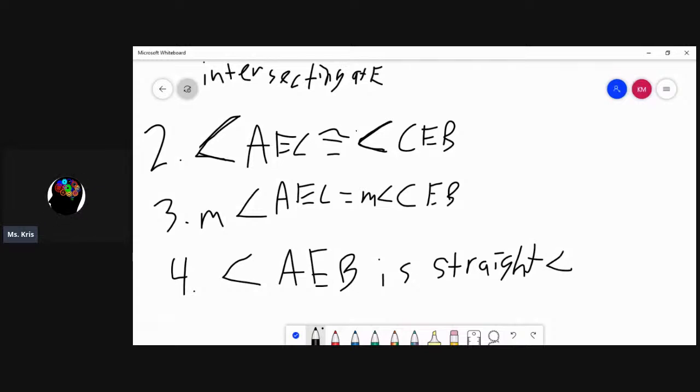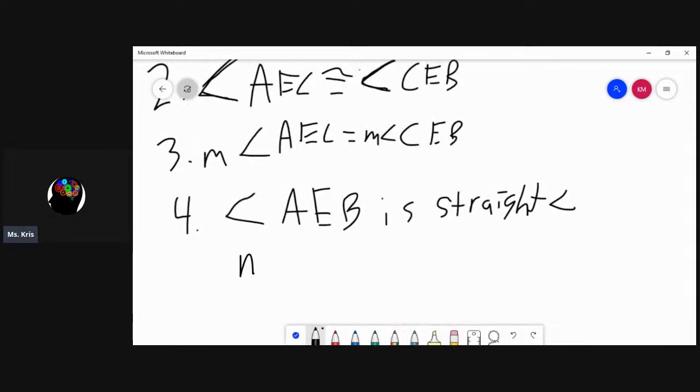And the measurement of that straight angle is 180 degrees.